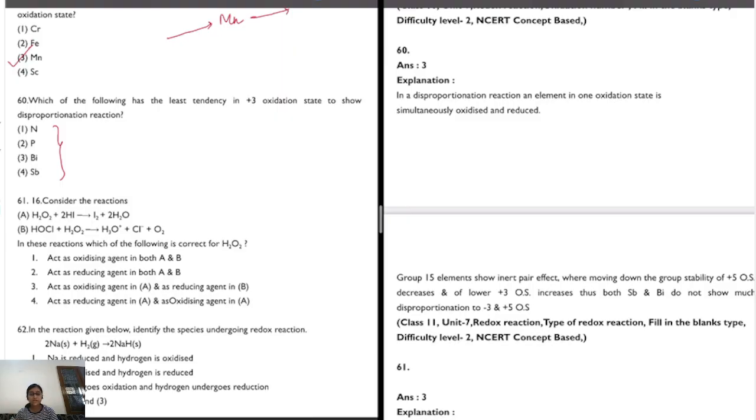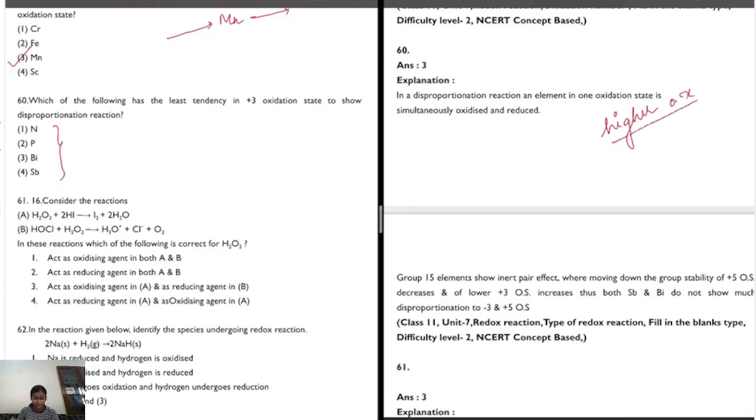Inert pair effect is shown. Now, what is inert pair effect? The inertness of s orbitals to participate in the bonding. That is why the higher oxidation states are less favorable, because s orbital electrons do not participate in the bonding, therefore lower oxidation states are shown.